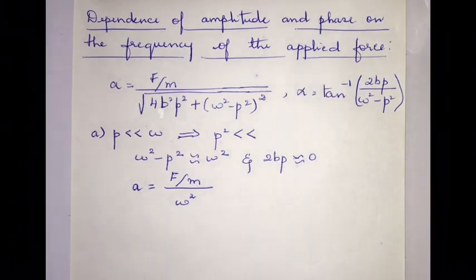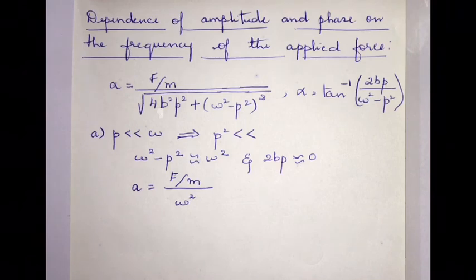Though the system oscillates with the frequency P, its amplitude depends upon F by M and is not sensitive to the variation of P. So if the applied frequency is very small, the body will not respond to the applied force. For an applied periodic force of constant amplitude F, A will be a constant.